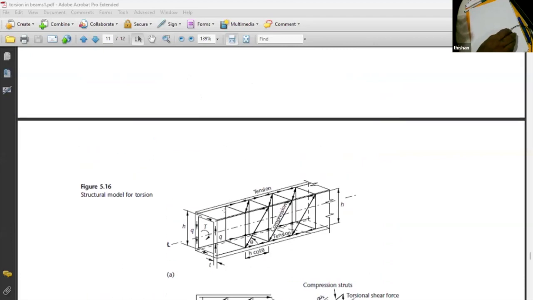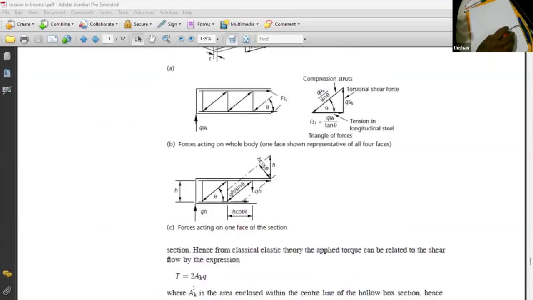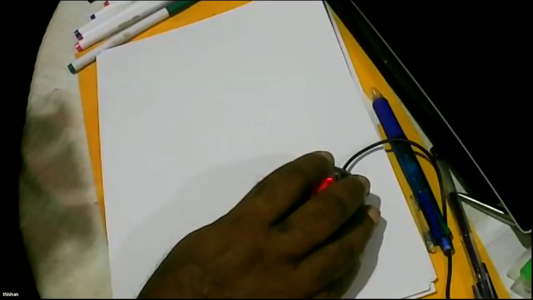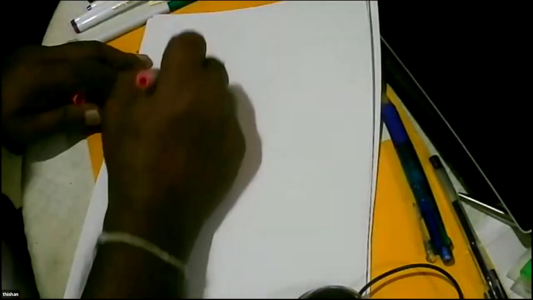So the equation is T is equal to 2Ak times q, or q is equal to T over 2Ak. So just have a good look at this particular diagram. Now I'm going to stop sharing, and I'm going to move to the white sheet. So basically what we have is this diagram.